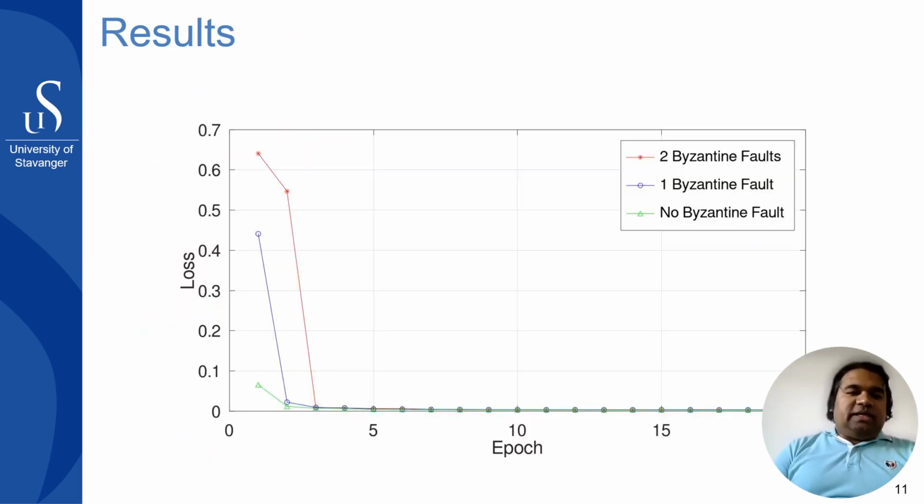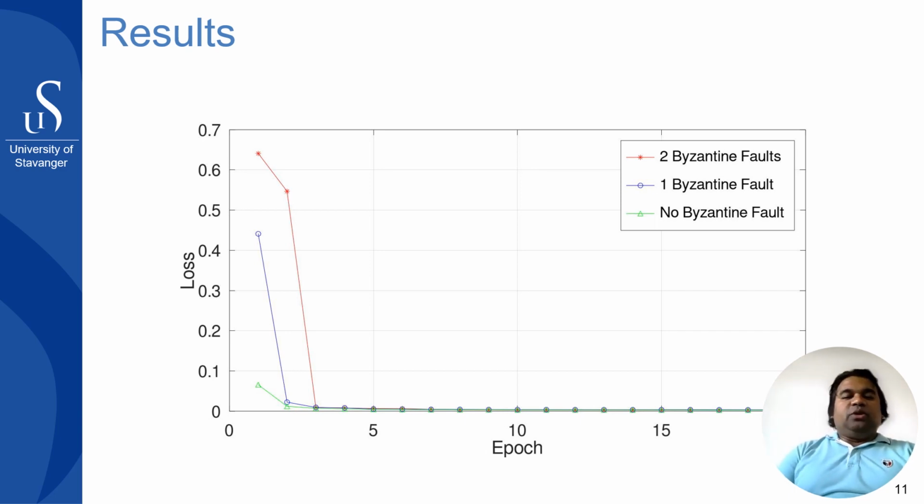Now, if we come to the results, we calculated the loss function over the epochs, and we can see very good results considering no Byzantine fault. If we consider one Byzantine fault, the loss is a bit higher at the beginning, and with two Byzantine faults, the loss is very high.